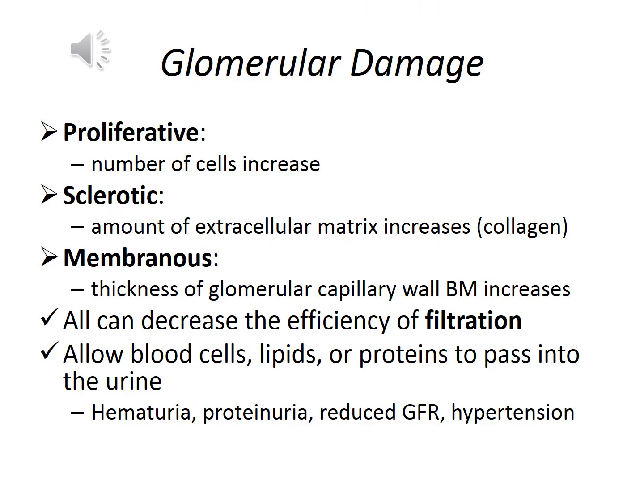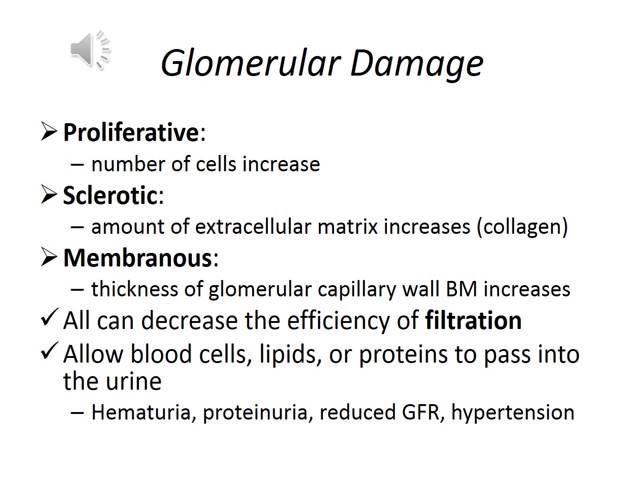All right, moving on from our obstructive disorders, let's look at our intrarenal disorders, and let's start with the glomerulus. The glomerulus is a very common site of damage in kidneys, and we'll look at the different methods that happen. The three categories of glomerular damage that we see are proliferative, sclerotic, and membranous.